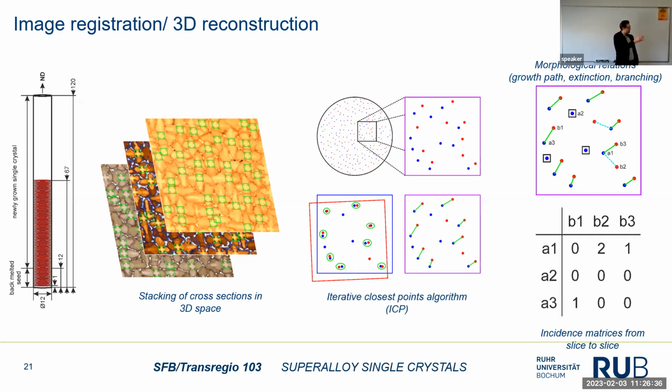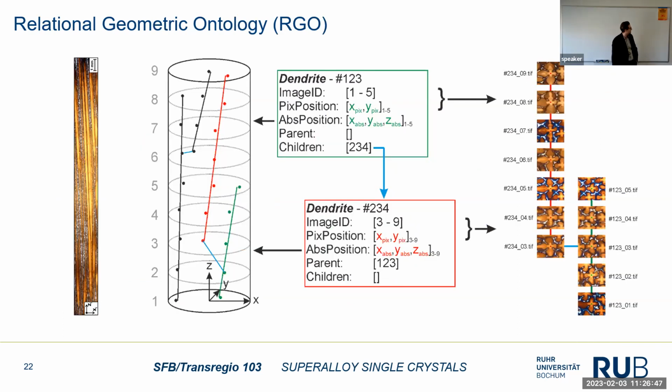This information is intermediately stored in so-called incident matrices, but they are not very practical to extract information from. So what we did is what we always do, we transformed it into a relational geometric ontology. Now our entities are of the type dendrite. They are represented as line segments in 3D space, and the relations could be something like branching or extinction.